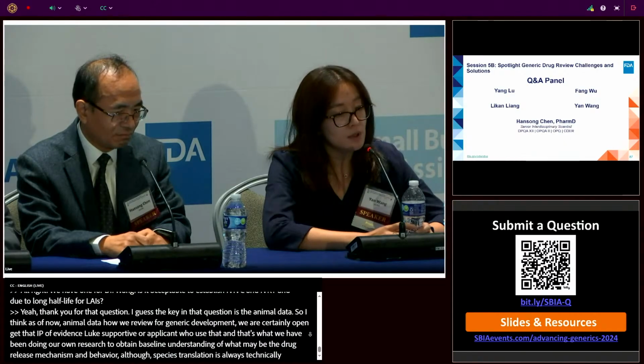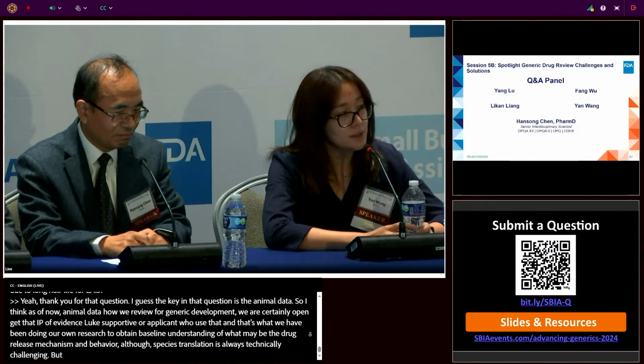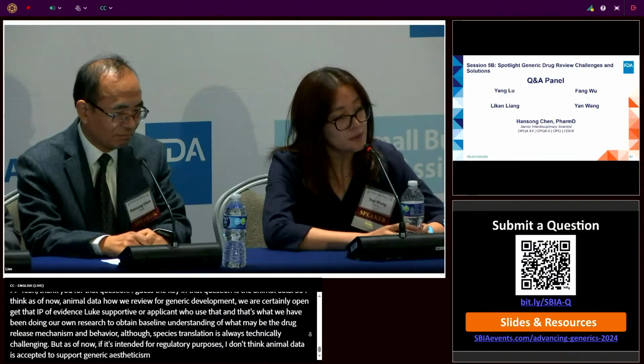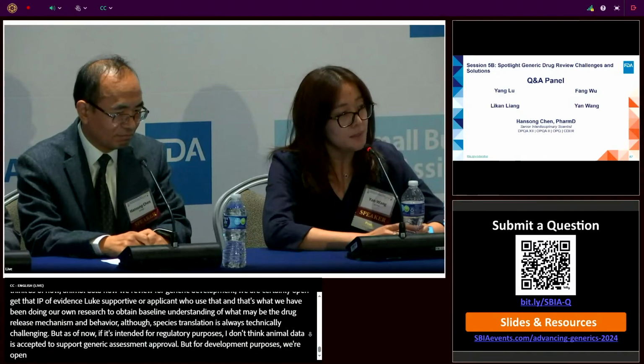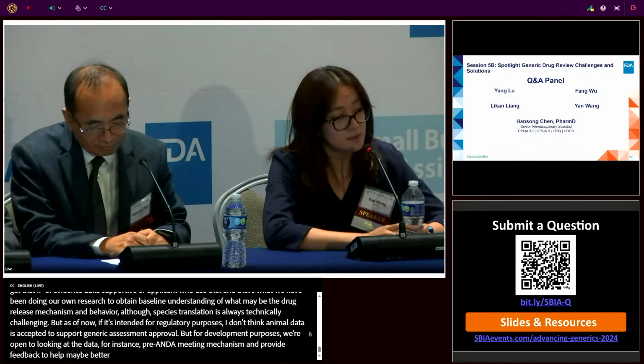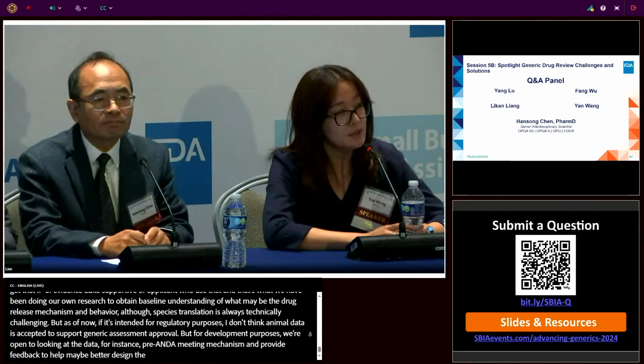But as of now, if it's intended for regulatory purposes, I don't think animal data is accepted to support generic assessment or approval. But for development purposes, we are open to looking at the data, for instance, in a pre-ANDA meeting, and to provide feedback to help better design the PK or whatever is relevant to the development.